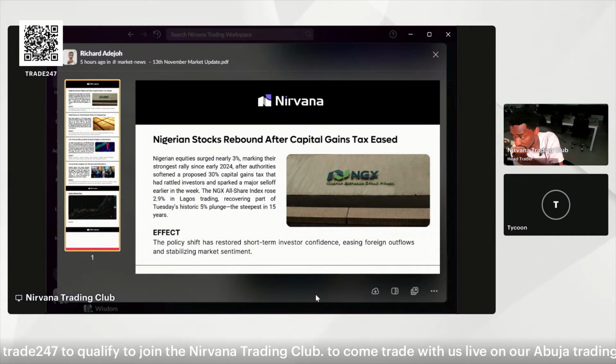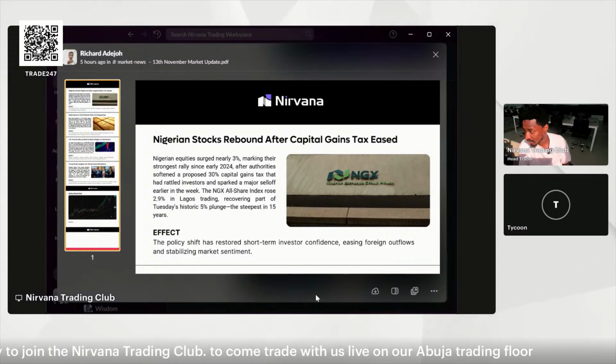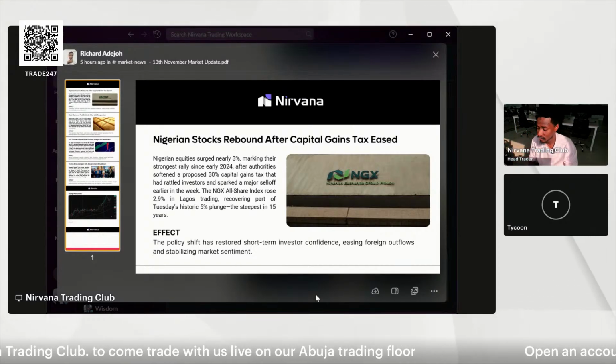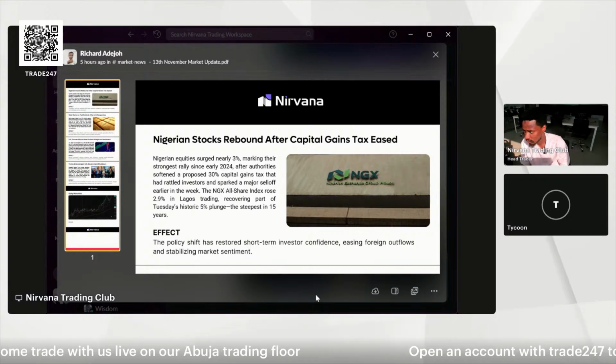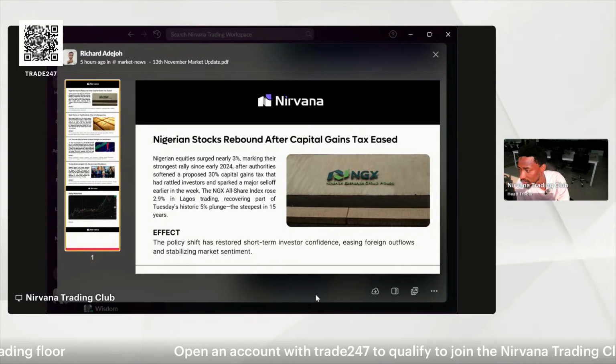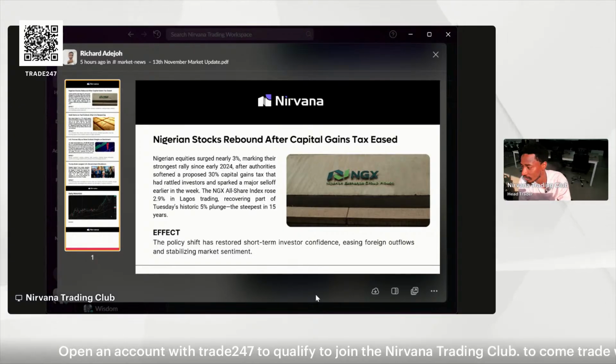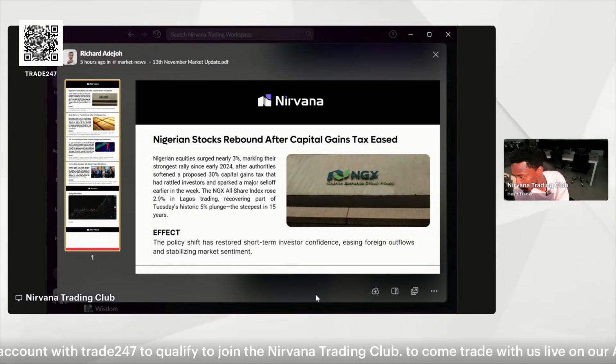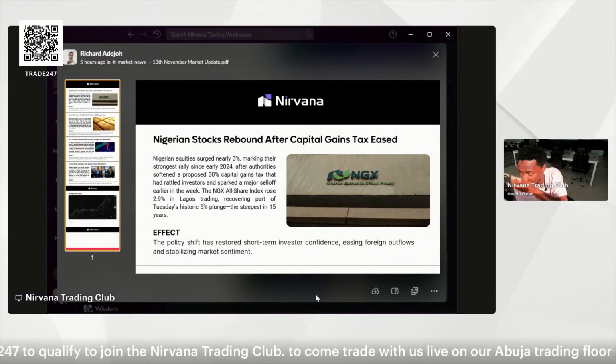Nigerian equities surged nearly 3%, making their strongest rally since early 2024 after authorities softened a proposed 30% capital gains tax that had rattled investors and sparked a major sell-off earlier in the week.